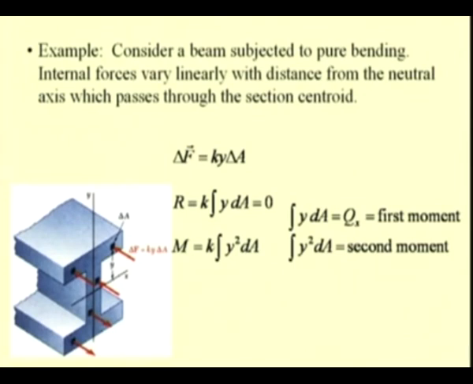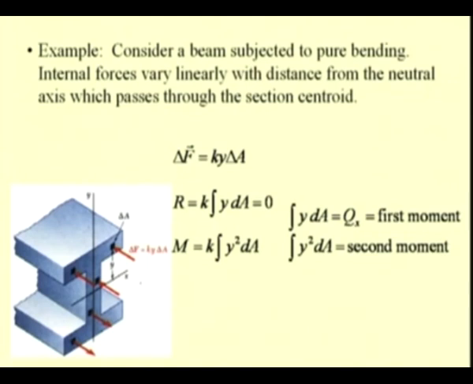So, in the context of beams, we can say that for the same bending moment, two beams having different cross sectional shapes will develop different distributions of these forces.